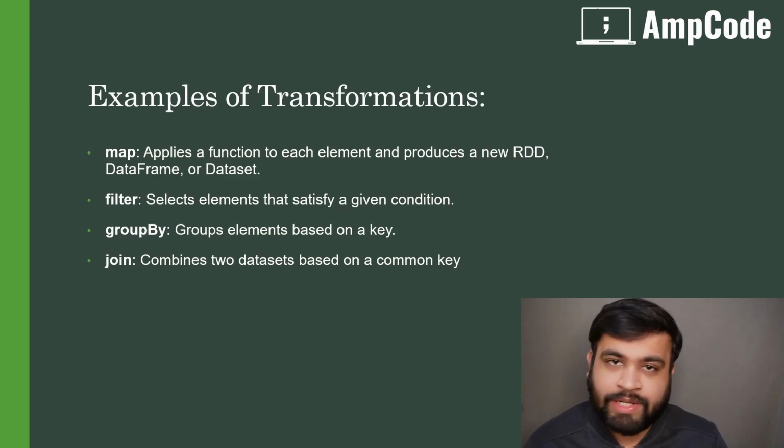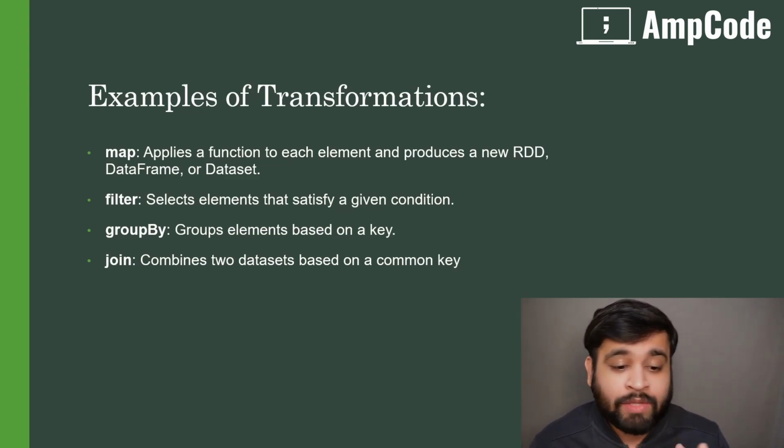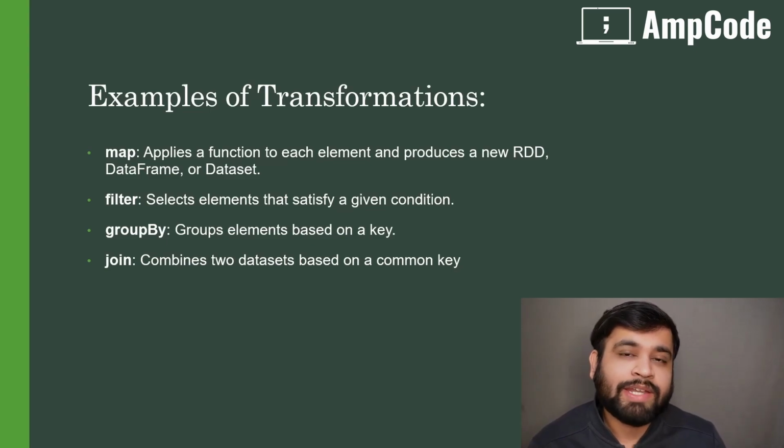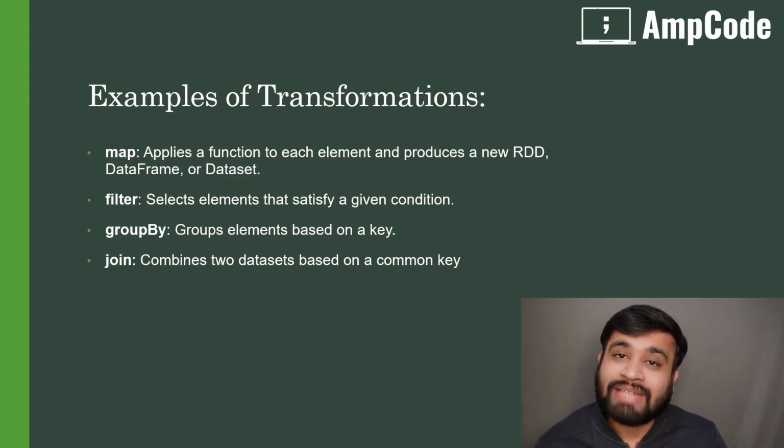Then we have the filter operation, which is often used for filtering your data. Filter will select the elements that you require, and you can apply as many conditions as you need, like the SQL where clause, to satisfy a specific given condition and create a new RDD on top of it.